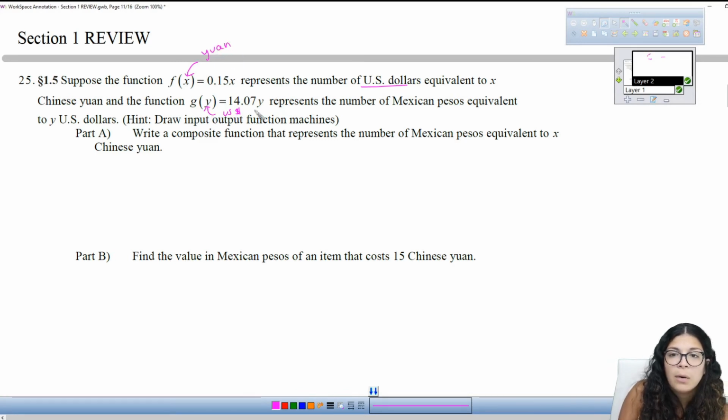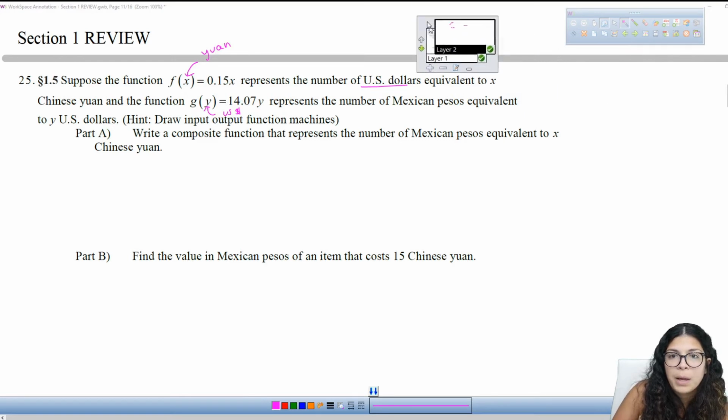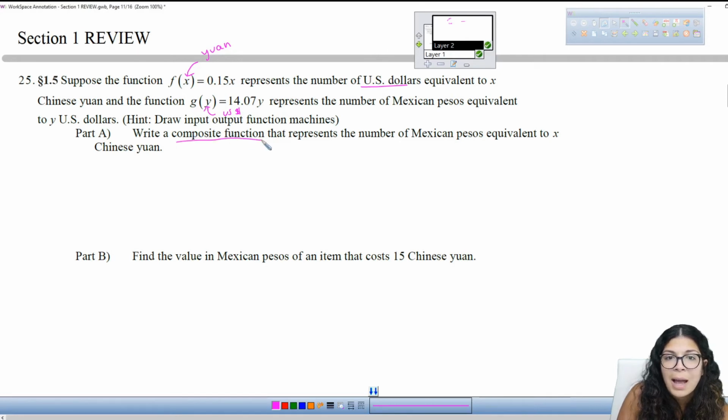Okay, now an image will help us understand this function, okay? The composition function has to be exact, where the output of one is the input of the other one. So the output of one function, and I'm just drawing a little function image here.